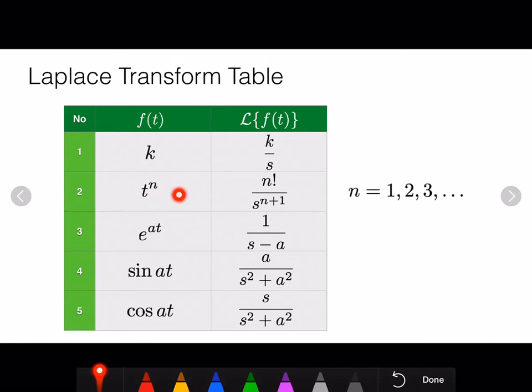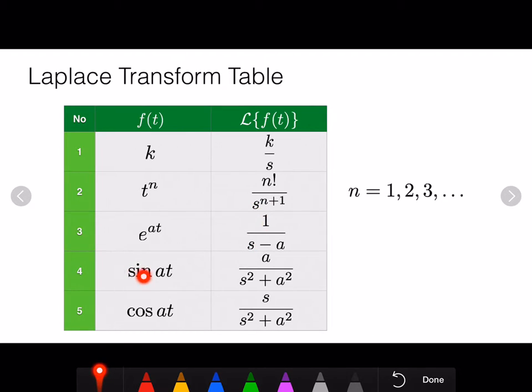Let's say this is t power n, then we get n factorial over s to the power n plus 1, so it depends on the power here. The same thing goes for exponent at, which gives 1 over s minus a.